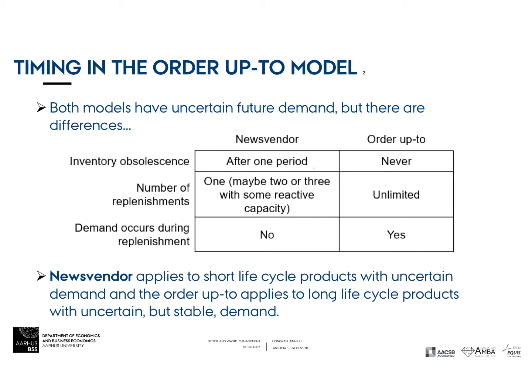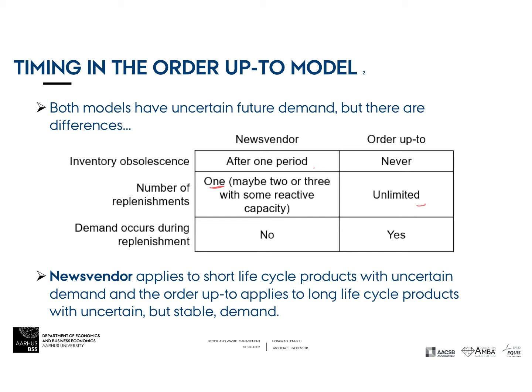The news window model allows only one single replenishment. Of course, it's possible to have an emergency replenishment during the selling season, but it's considered a short selling season with a limited number of replenishments. The order up to model has an unlimited number of orders, so whenever you need more products, just place an order.